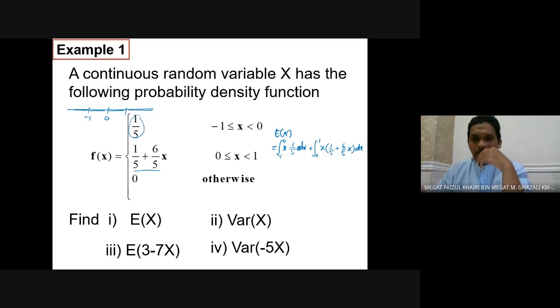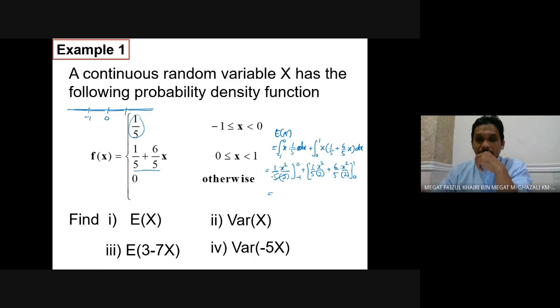Okay, so now the integral of x times 1/5 gives you 1/5 x squared divided by 2 from -1 until 0, plus 1/5 times x is 1/5 x squared divided by 2, plus 6/5 the integral of x squared over 2 from 0 until 1.